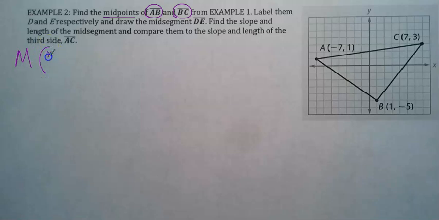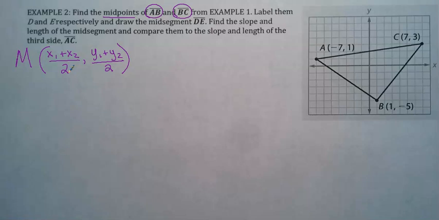We take our x1 and our x2 values and divide them in half, finding the average of those two. And then our y value is going to be our y1 plus our y2, divided by 2, to find the middle or the average of those two points for our midpoint. So there's our formula.